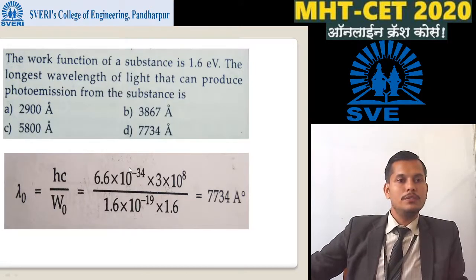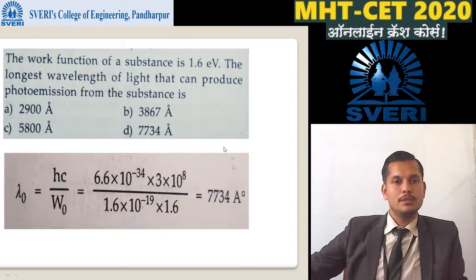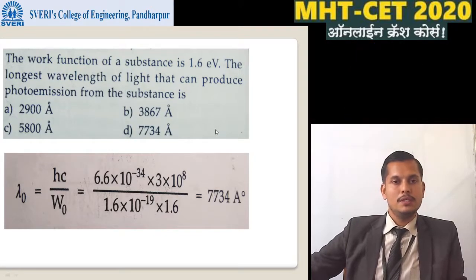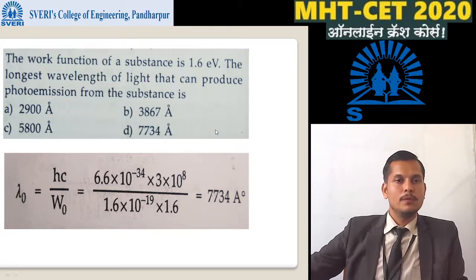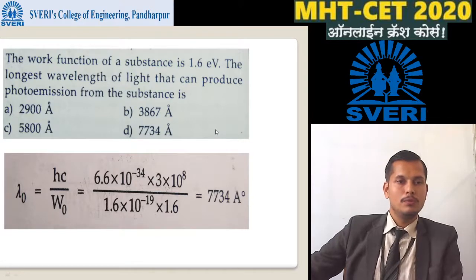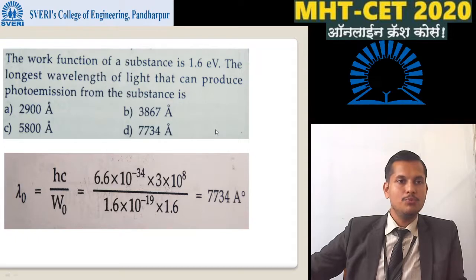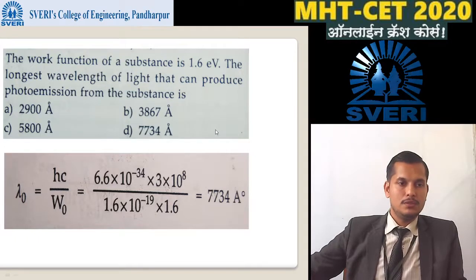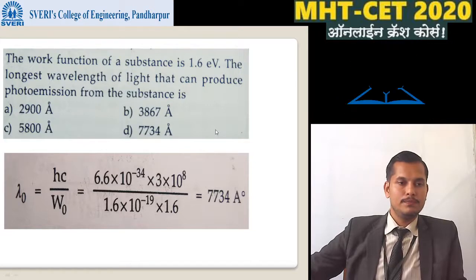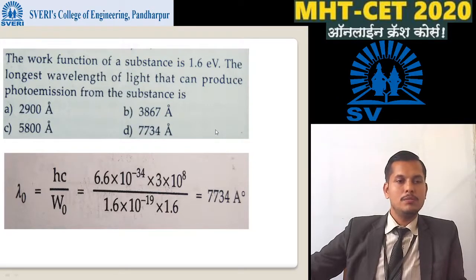The work function of a substance is 1.6 electron volt, that is the value of W we have. The longest wavelength of light that can produce photo emission from the substance is? So we have to determine the wavelength. We can simply put the values, that is lambda 0 is equal to hc by work function.